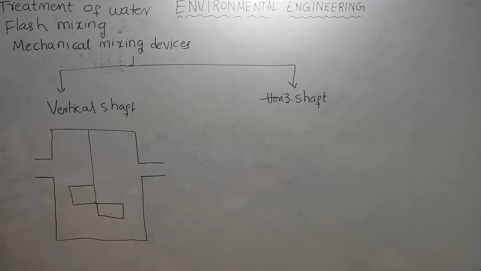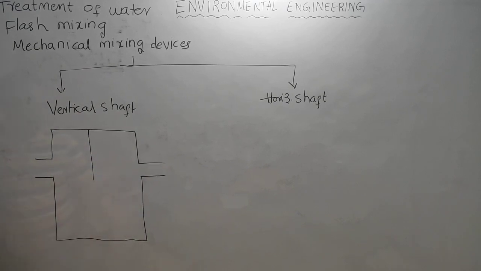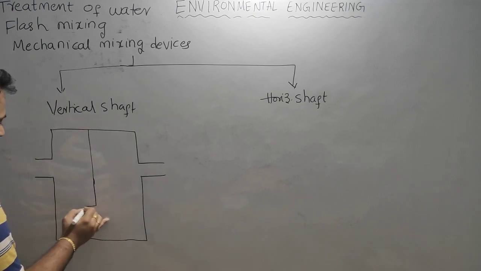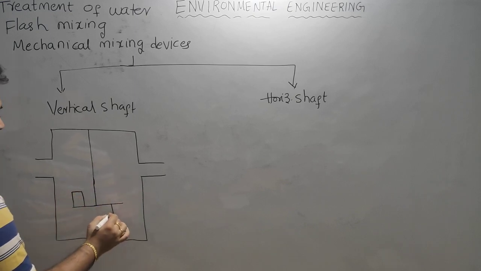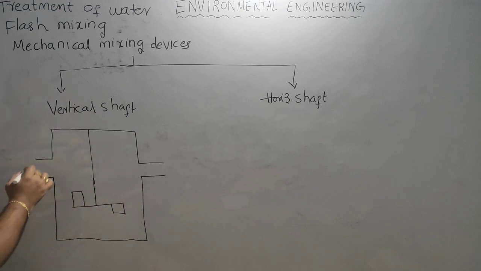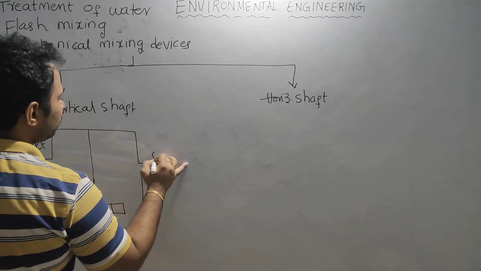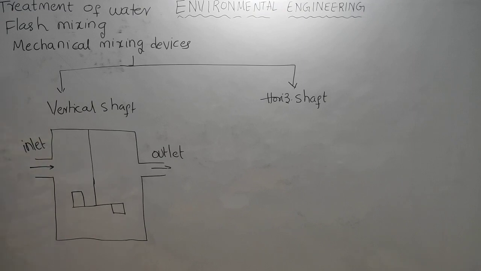It will be having two paddles like this. So this is inlet and this is outlet. Here the shaft is in vertical direction, so that is why it is called vertical shaft.